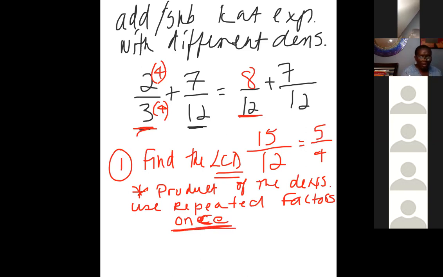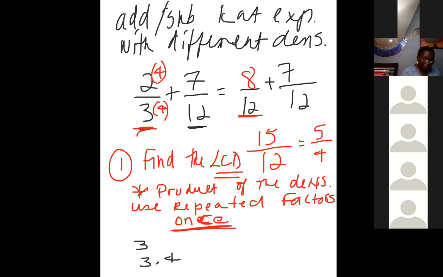Now, how does that come into play with the previous problem when I didn't multiply the denominators together? Well, let me go ahead and show you guys. For the previous problem, the denominators were 3 and 12. So I have a denominator of 3. Hold on, let me write it down here. 3, and then 12, I can factor it to 3 times 4.